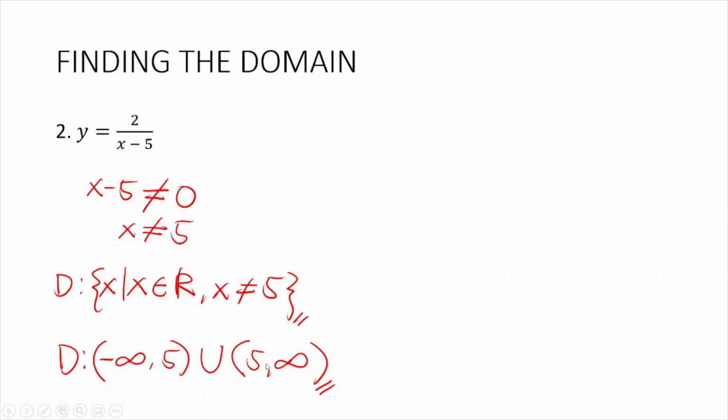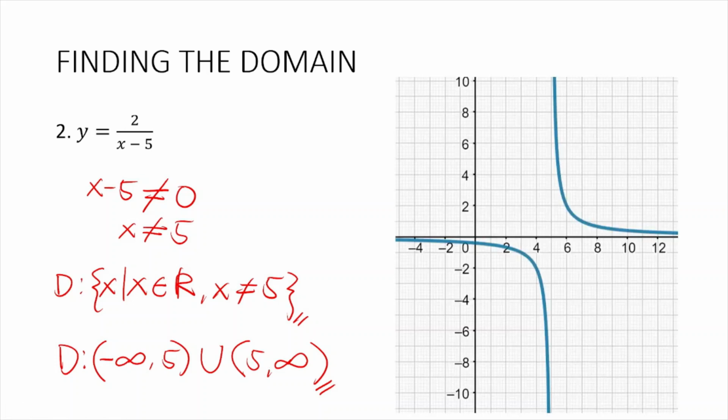Then from its graph we can also check. So this is the graph. If we refer to the interval notation, it says here negative infinity to positive 5. This is positive 5, right? This is actually a vertical asymptote here, meaning our graph will not cross this x value, right?